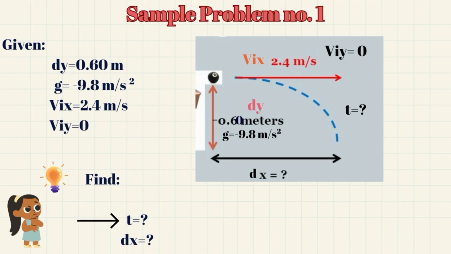So let us list the given: our dy is negative 0.60 meter, our ay, or the gravity, is negative 9.8 meters per second squared, our Vix, or the initial horizontal velocity, is 2.4 meters per second, and our Viy is equivalent to 0.